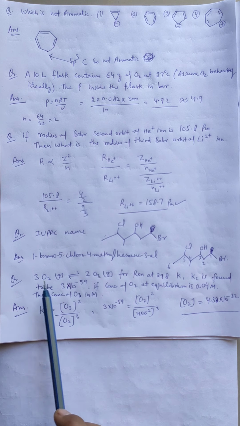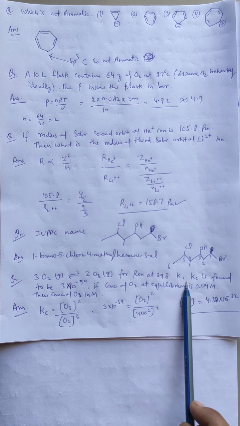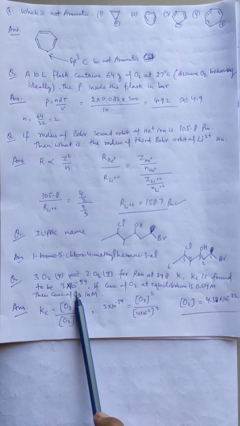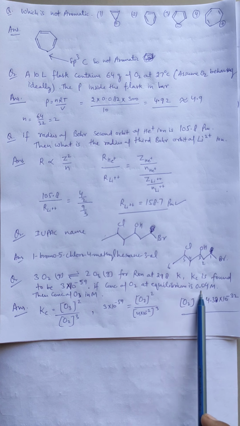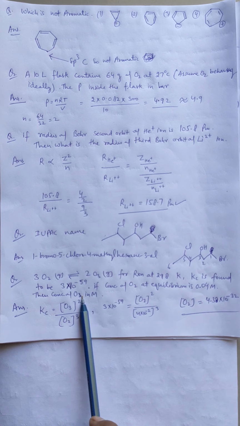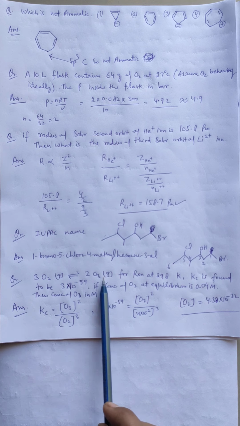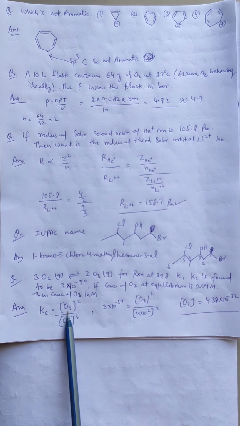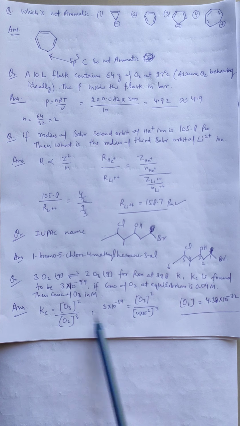Now the next is 3 O2 gives 2 O3. For the reaction at 298 K, Kc is found to be 3 into 10 to the power minus 59. If the concentration of O2 at equilibrium is 0.04 M, then what is the concentration of ozone in M? So for the given equation, Kc will be the concentration of ozone to the power 2, the stoichiometric coefficient, over oxygen to the power 3. So here place the values.